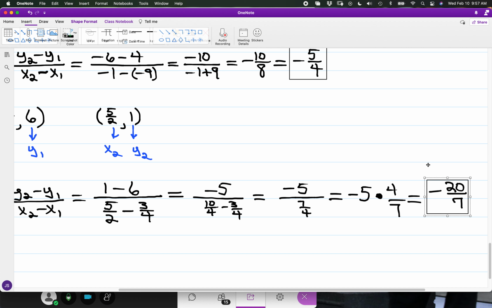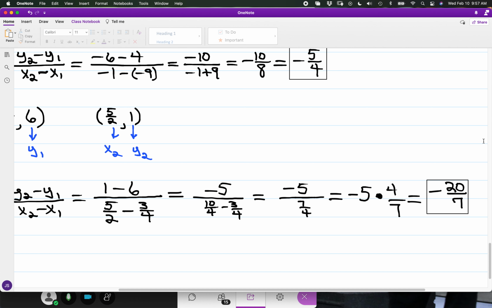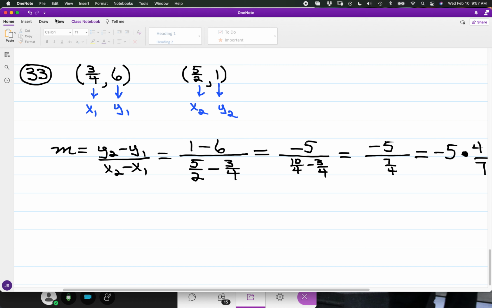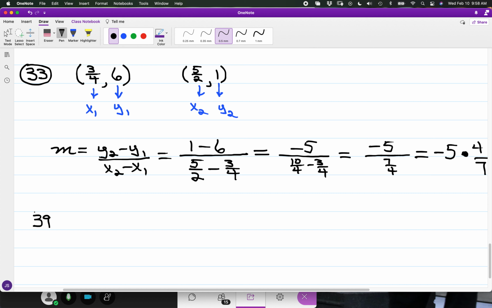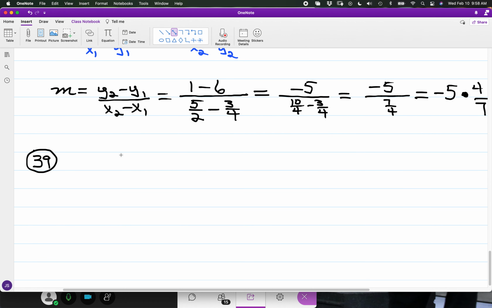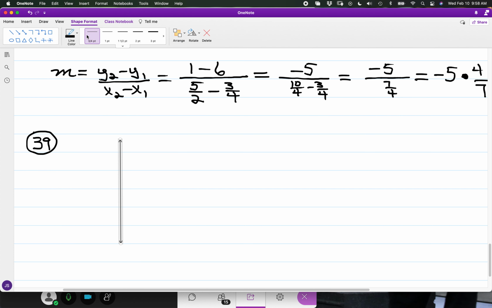Now, looking at the determination of slope from provided graphs, in the case of number 39, we have a downward sloping line as the line moves from left to right, and I'm just kind of depicting what we have. So we'll put in an x-axis as well as a y-axis.